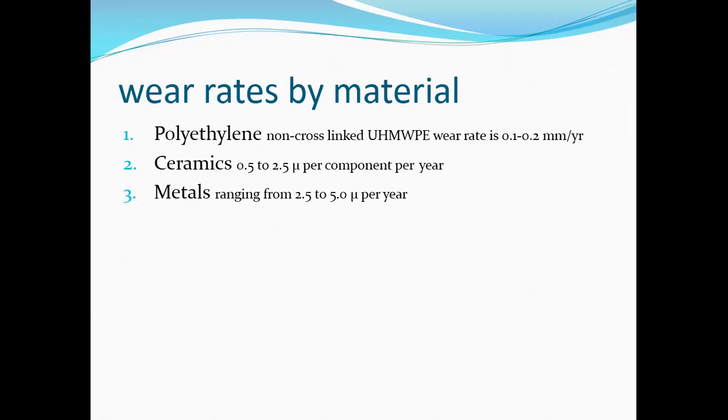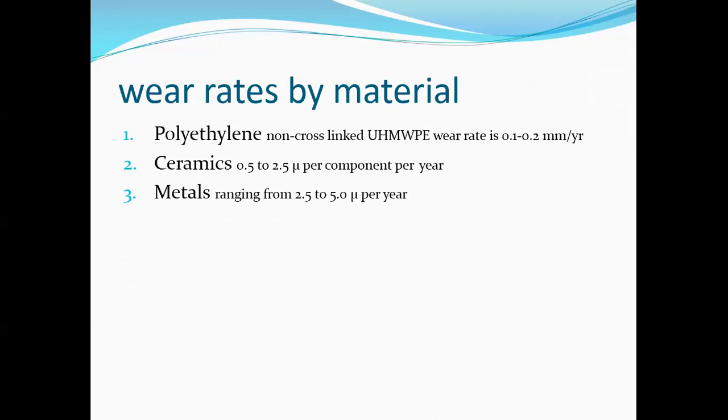Many materials are involved in total hip, differing by wearing rate. Polyethylene has the highest rate, up to 0.1 to 0.2 millimeter per year. Ceramic is the material most resistant to wearing, about 0.5 to 2.5 micrometer per component per year.